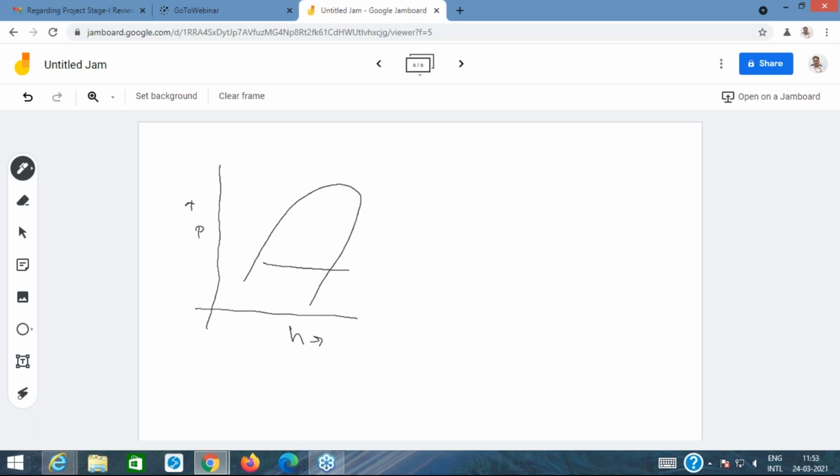It is ending beyond the saturation curve, meaning that there is some suction superheating, and then the compression line. Then there will be some subcooling. Okay, and this is how we get the points H1, H2, H3, H4, 1, 2, 3, and 4.